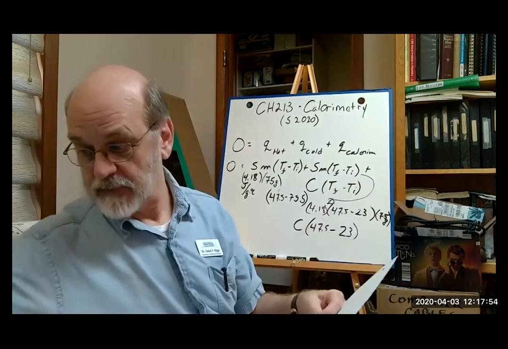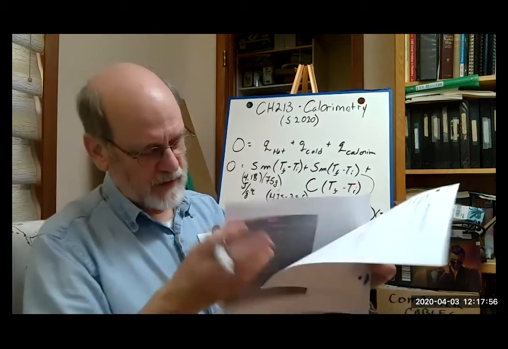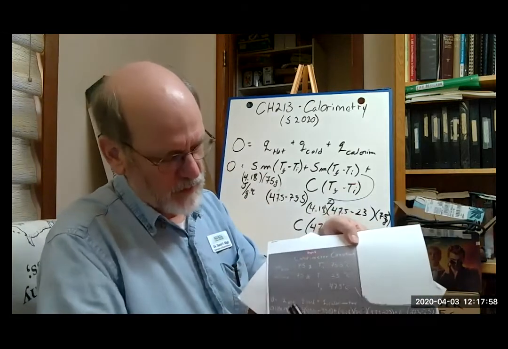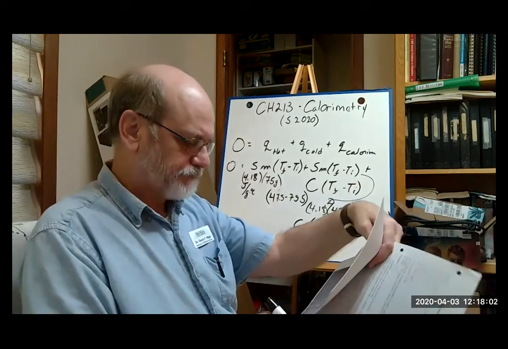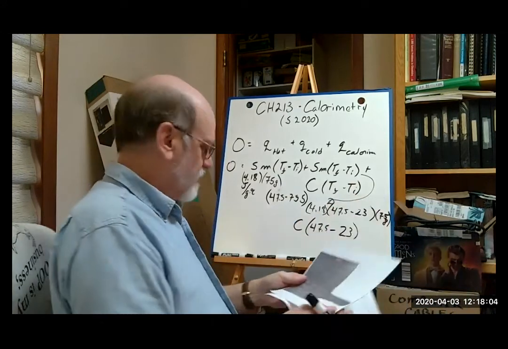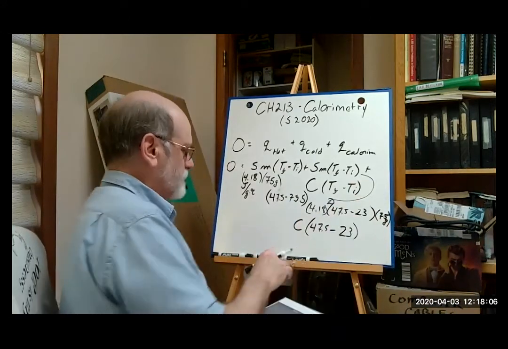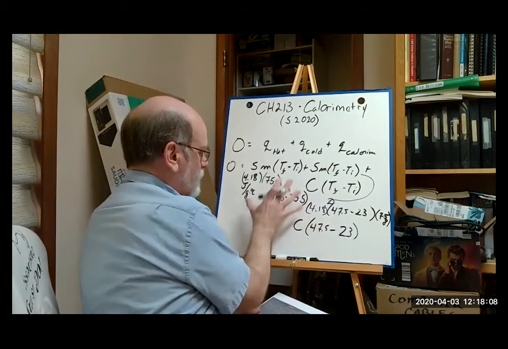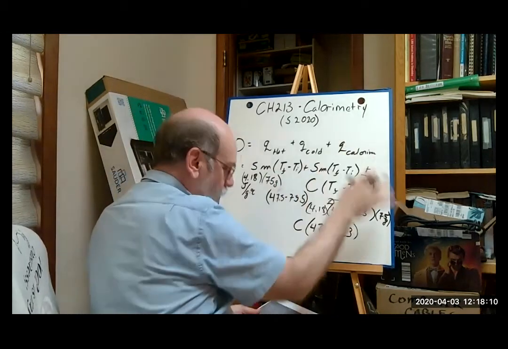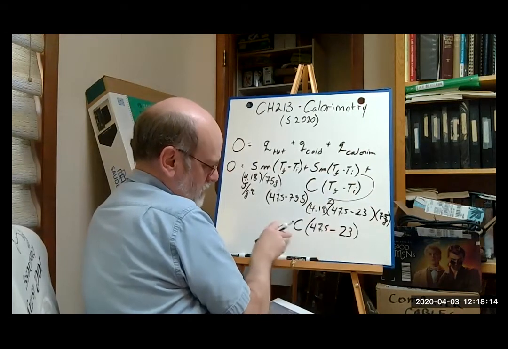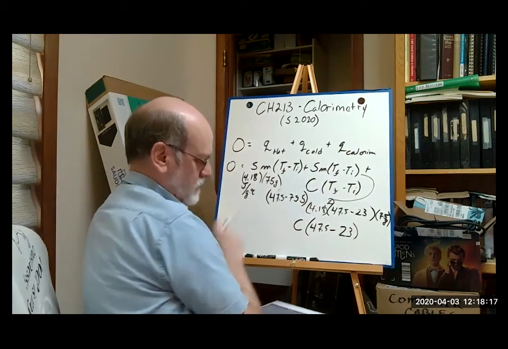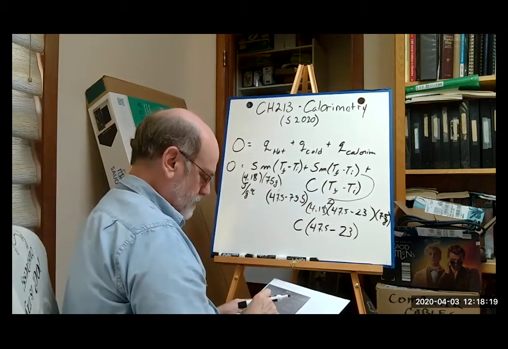In fact, the example is worked out here for you on this blackboard. So you're going to get so many joules from this one, so many joules from that one, and then this one is going to be resolved only for the C value.